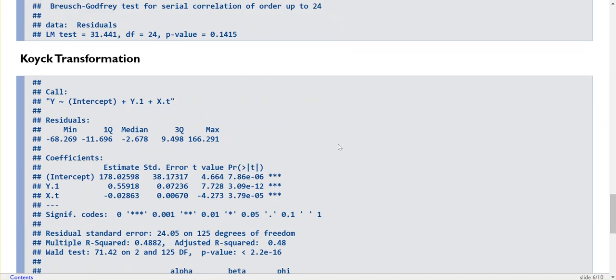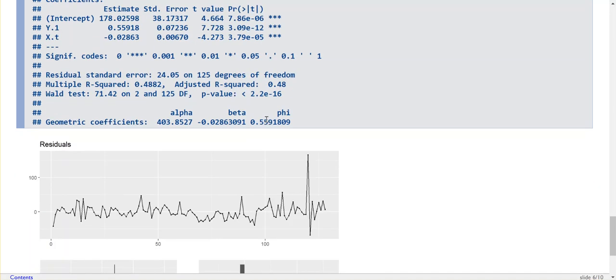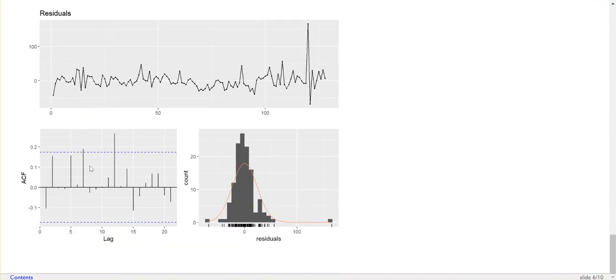We also did the Cochrane-Orcutt transformation model. It has a poorer R-squared of 0.48, the p-value is under 0.05, and the intercept is significant. The residuals look almost similar to the first DLM model, but I would say it's better. It doesn't jump around that much, except again for the outlier.